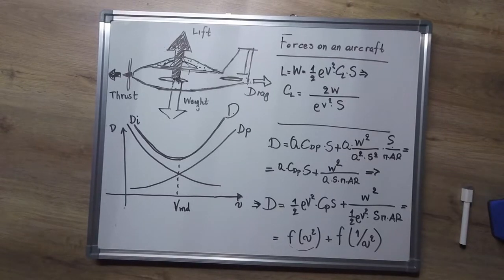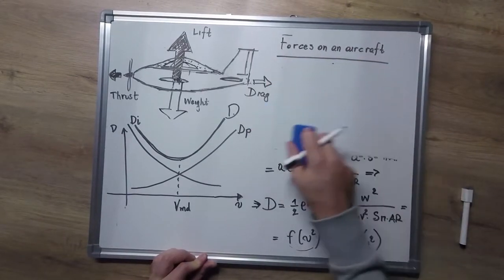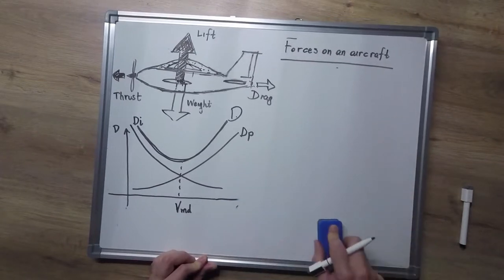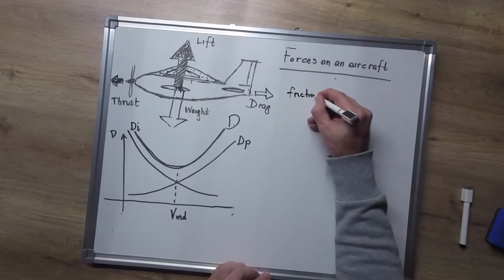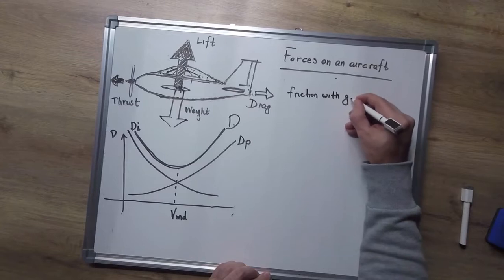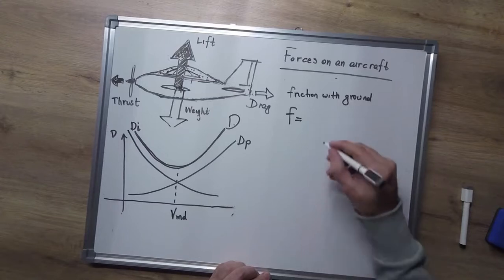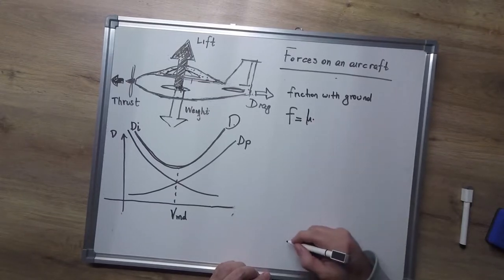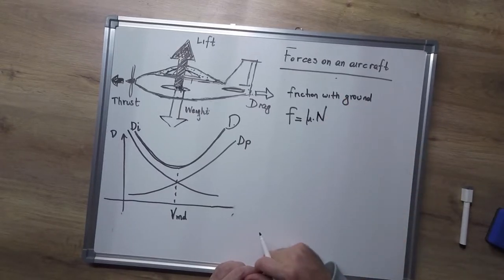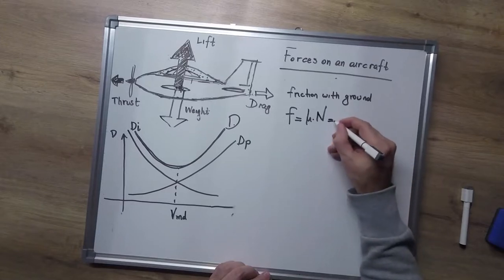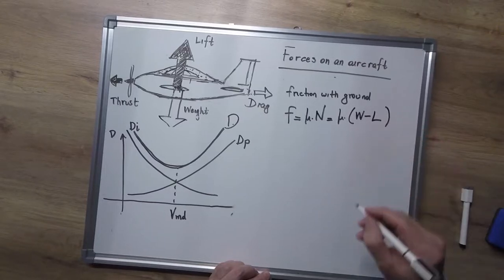Finally, when the aircraft is on the ground, we have, of course, the force of friction with the ground, which is the coefficient of friction multiplied by the vertical reaction from the ground, which is the aircraft weight minus the aircraft lift.